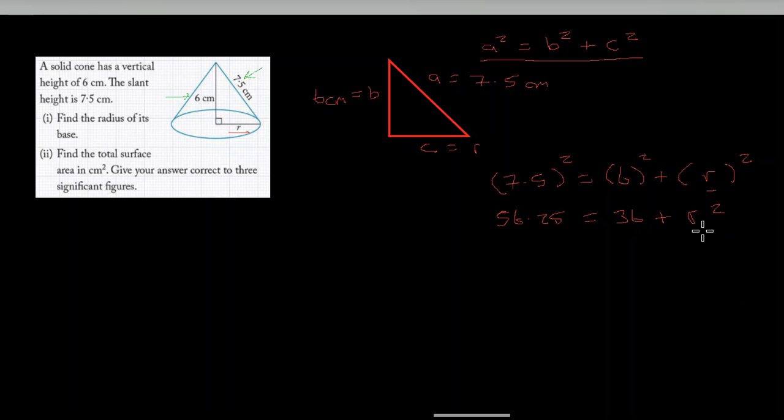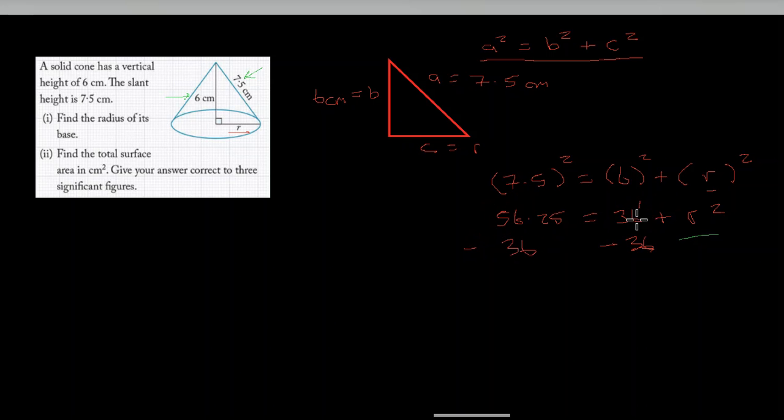So now what we're trying to do is we're trying to get this r squared on its own. So what we have to do is we have to get rid of the numbers around it. So this is plus 36, so we can minus 36 from this side. If we minus 36 from this side, we have to minus 36 from this side as well.